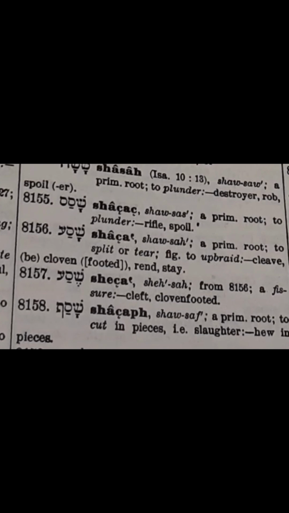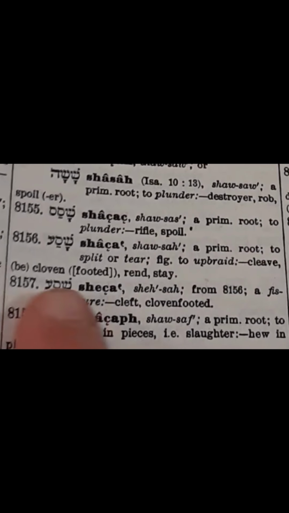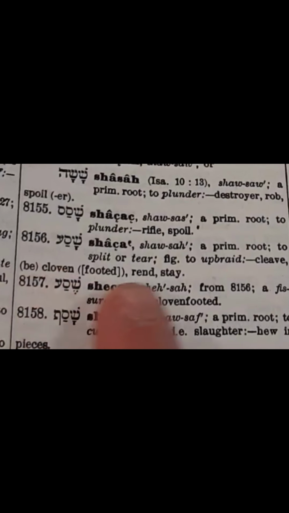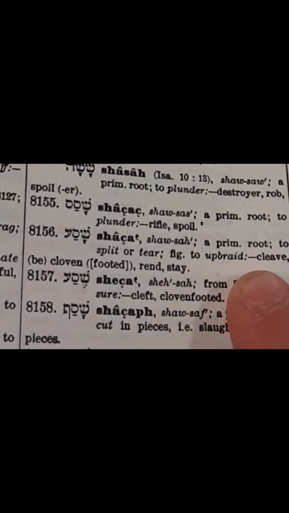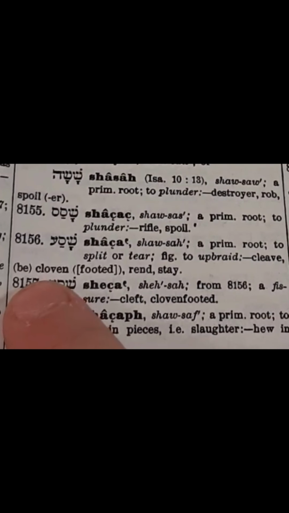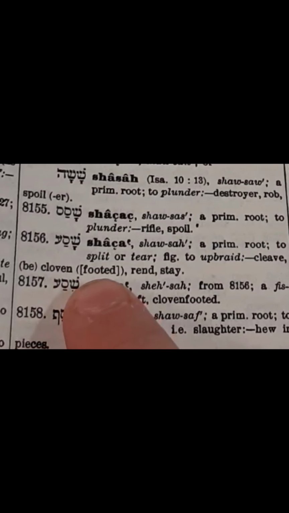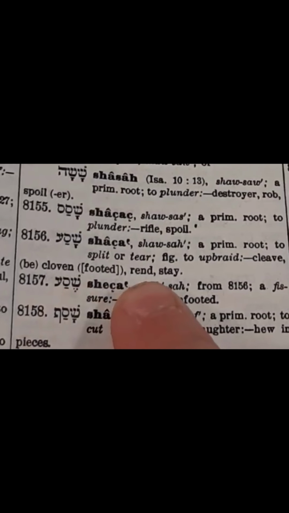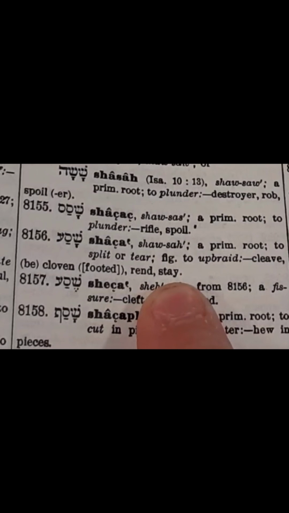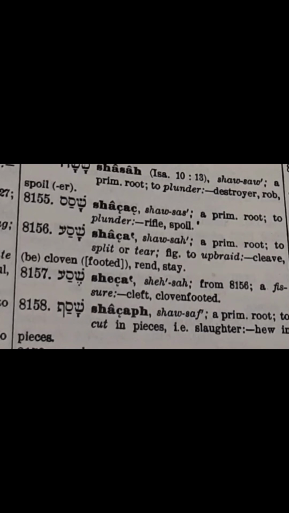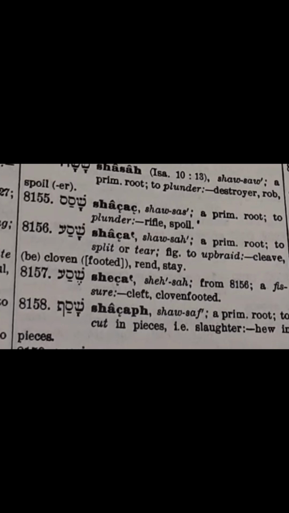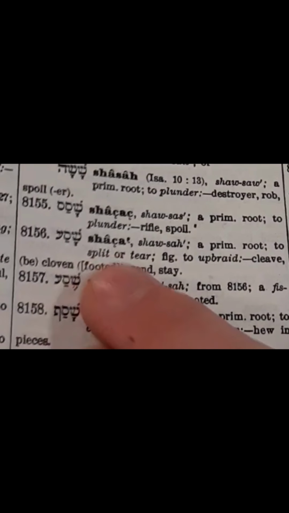Okay, so when we're using the word 8156, it is cleave, be cloven, cloven-footed, rend, and stay. Those are the words in the English language that the translators use with this word in Hebrew, shaka.